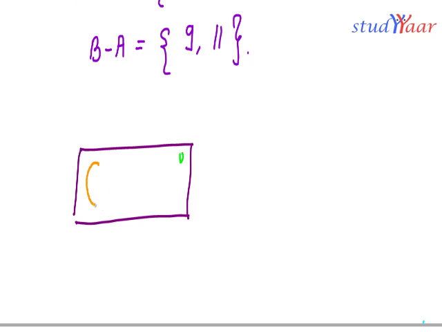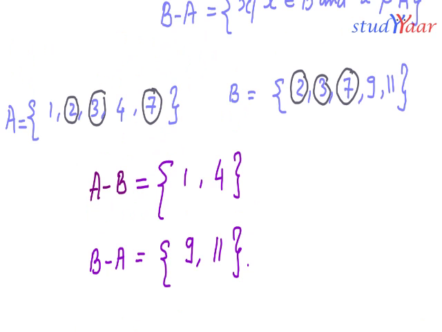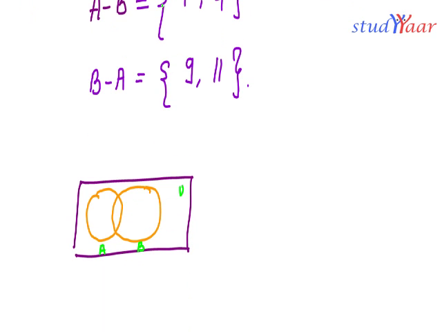Over here I have my A, over here I have my B. Then the difference A minus B is represented as elements present in A but not in B. So we are looking at this region, which is inside of A but outside of B. So this is my A minus B set difference.